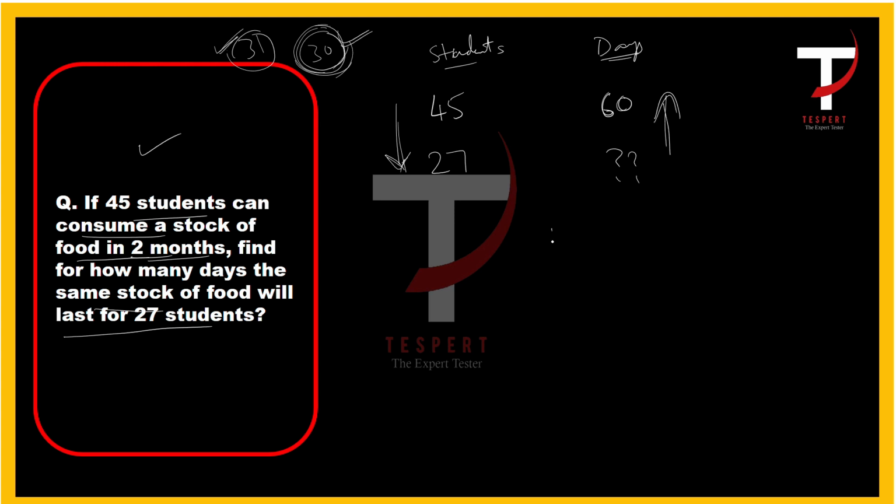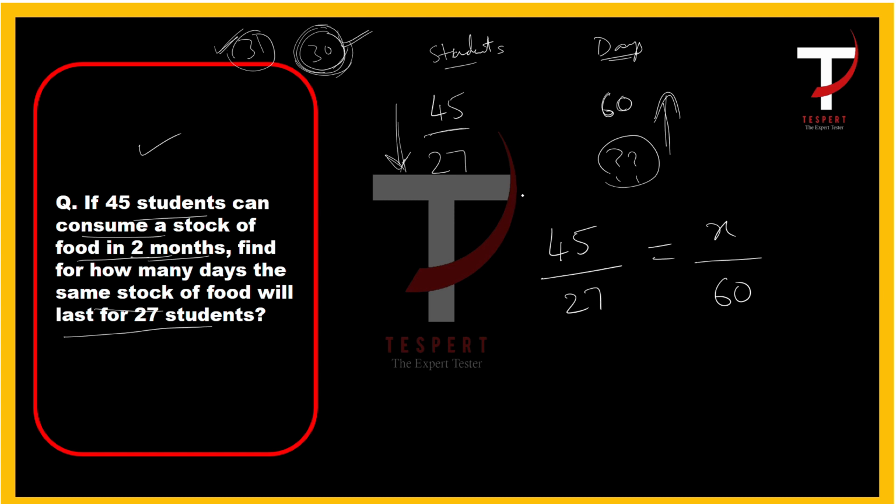So here take the same expression, 45 by 27 is equal to, if we consider this question mark as x by 60. So in direct variation, what we did is, if this were a direct variation, we would have done like this, 45 by 27 is equal to 60 by x.